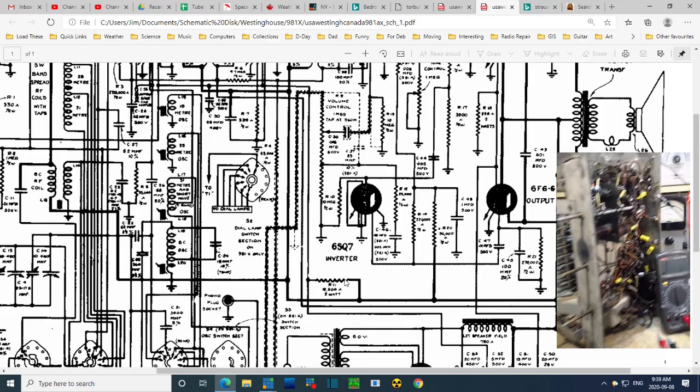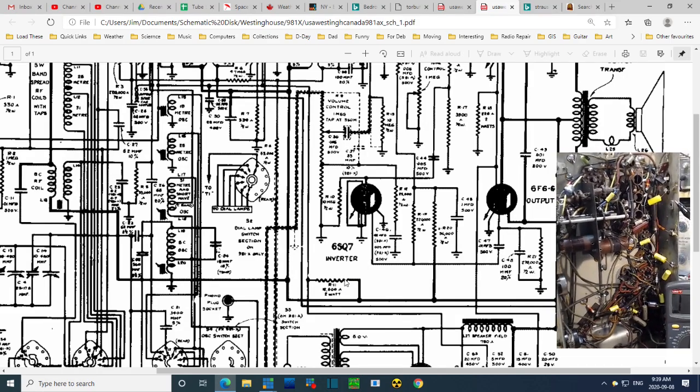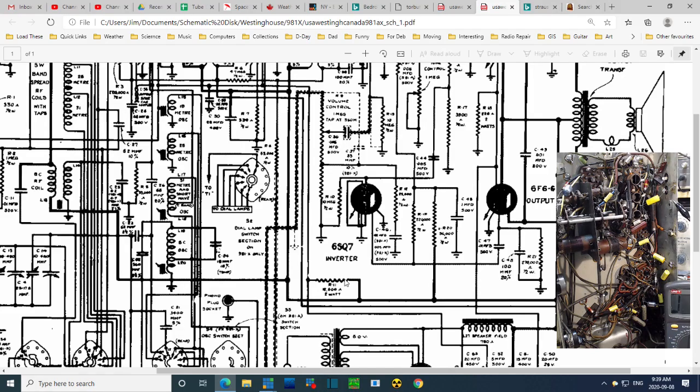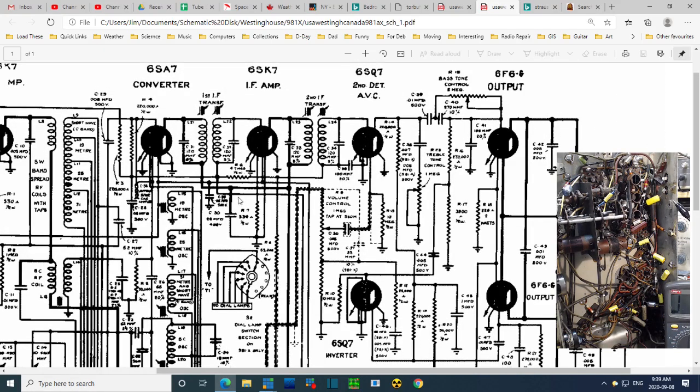Let's study up on the schematic here again, which you may have been doing. Yeah, pointer is the mouse.